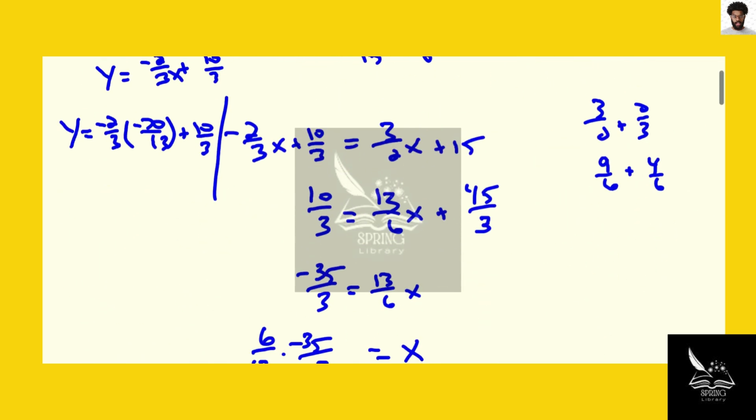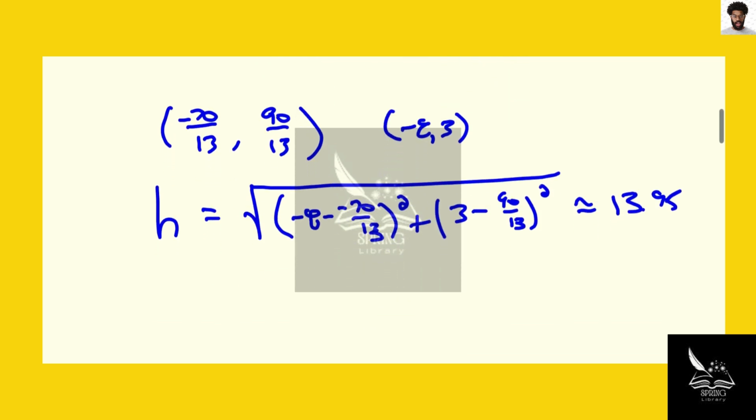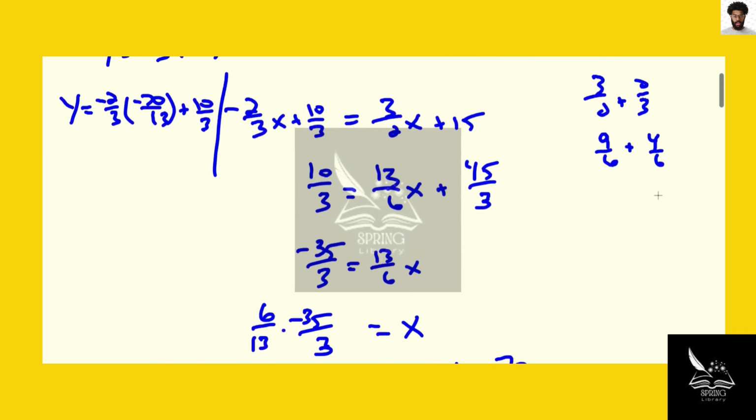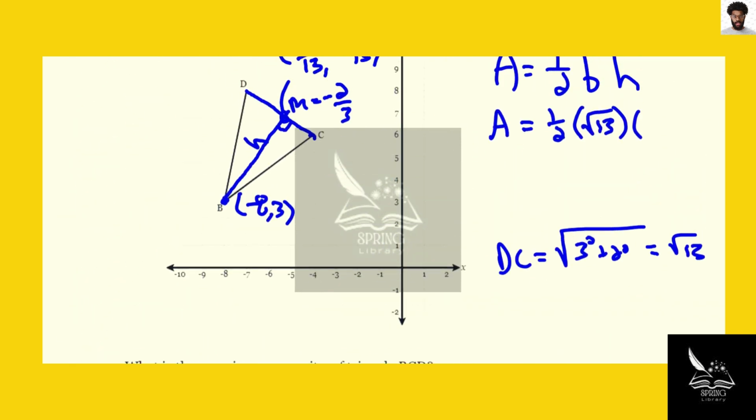That does not make sense. Let me check my work again. Oh, that's because that was a minus negative, which is positive, 4.71. That makes way more sense for this length that represents the height.